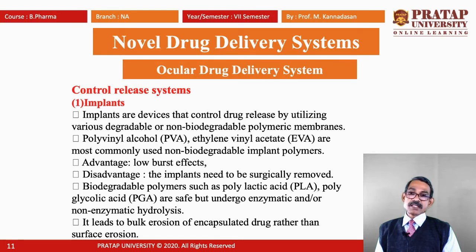By exploiting polymers in the ophthalmic delivery system, we can design implants. The most commonly used polymers are polyvinyl alcohol (PVA) and ethylene vinyl acetate (EVA), the most commonly used non-biodegradable polymers for the preparation of implants in ophthalmic systems.